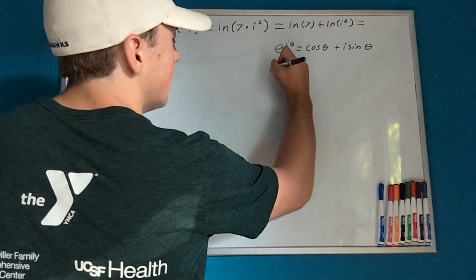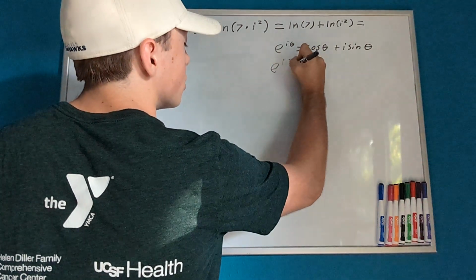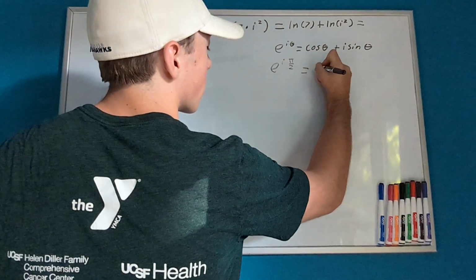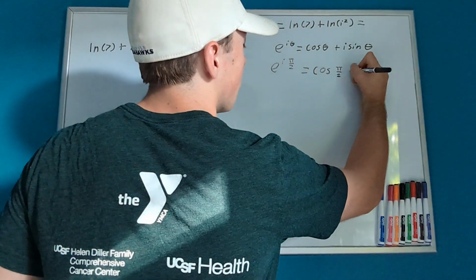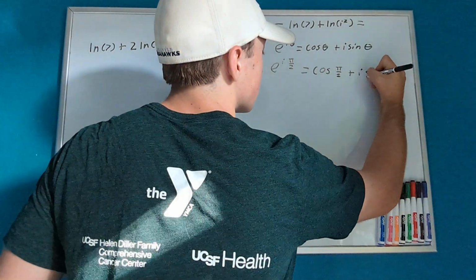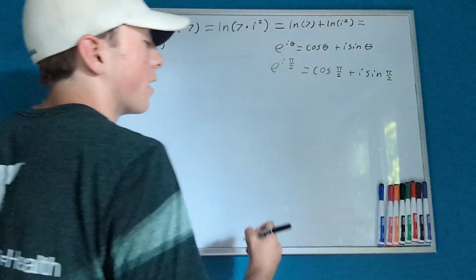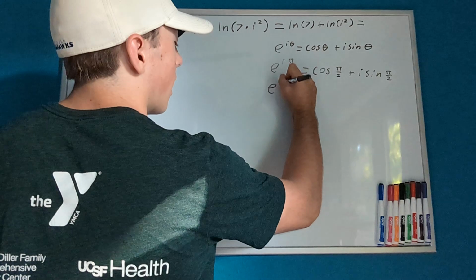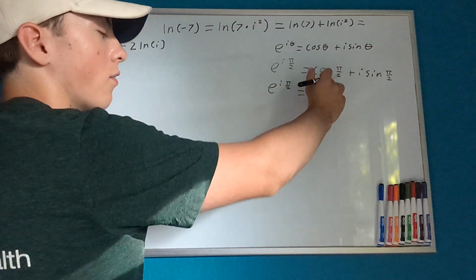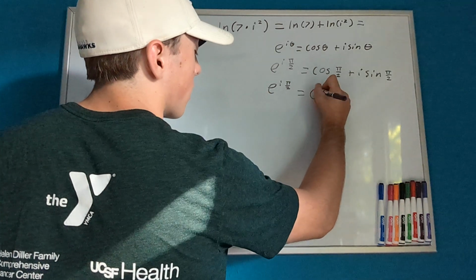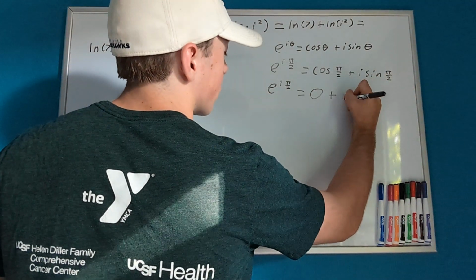So we can say e to the i pi over 2 equals cosine of pi over 2 plus i sine of pi over 2. Cosine of pi over 2 is 0, and sine of pi over 2 is 1, so that cancels out to just i.